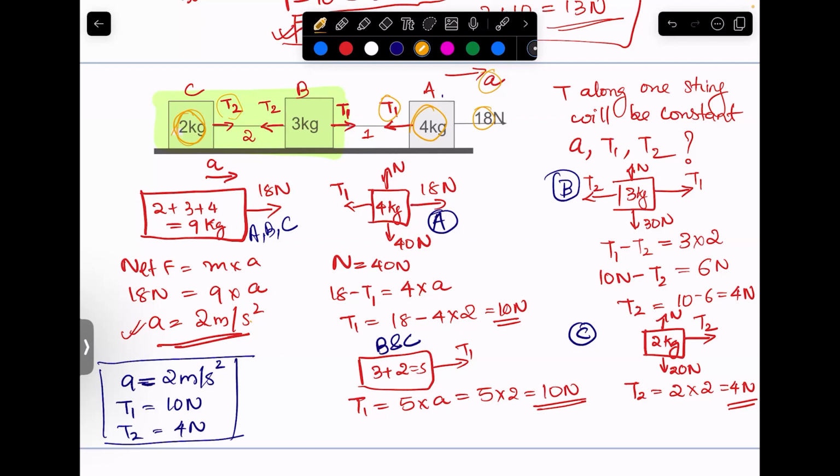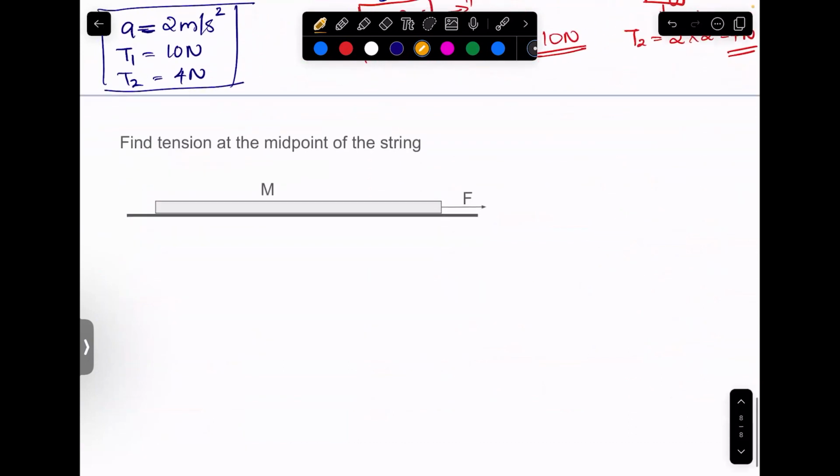Now we will move on to something called string with mass. We were talking about the case where you cannot neglect the mass of the string, like a towing rope. For a towing rope you need that much strength, so most of it will be steel rope, very rigid and very heavy ropes.